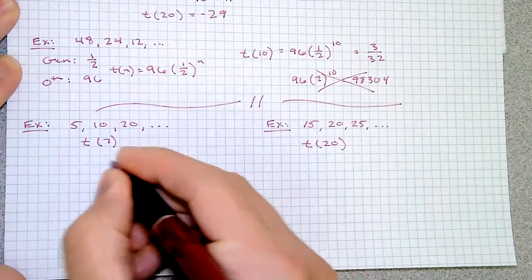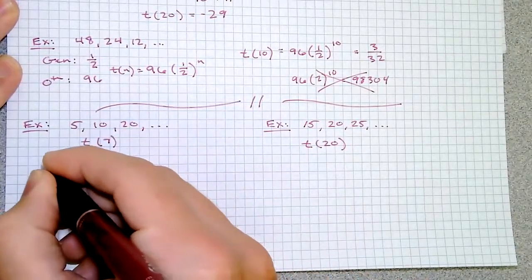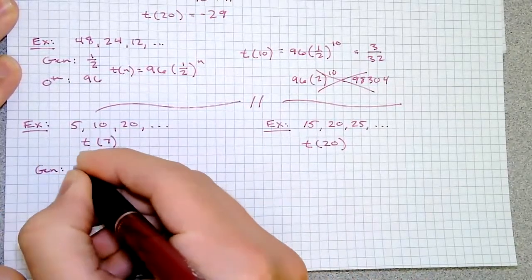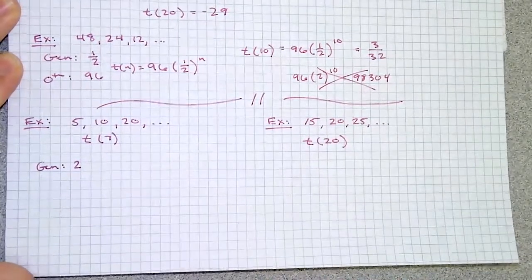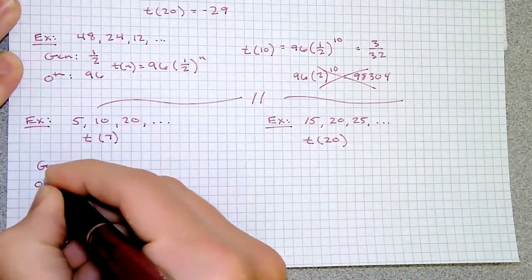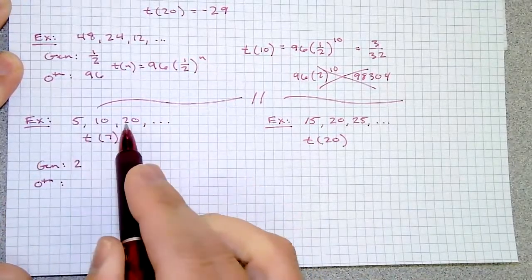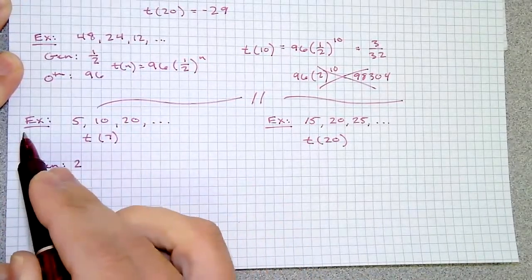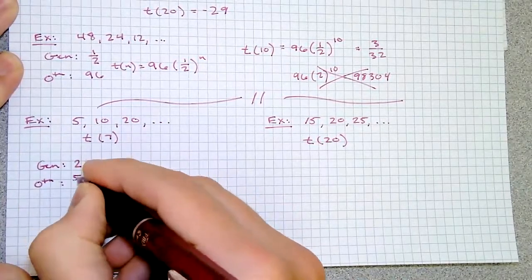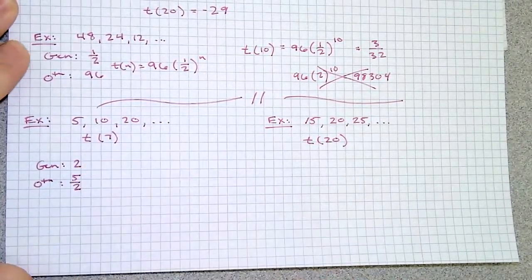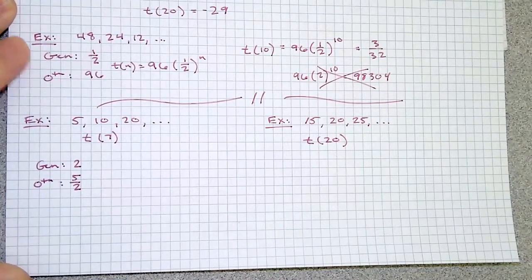That makes it geometric. So we need our generator, which we just said, we're multiplying by 2 each time. And then our 0 term, what would come before 5? Well, if we're multiplying by 2 going that way, we have to divide by 2 going this way. So it's 5 divided by 2. A lot of people wrote 2.5, which is fine.